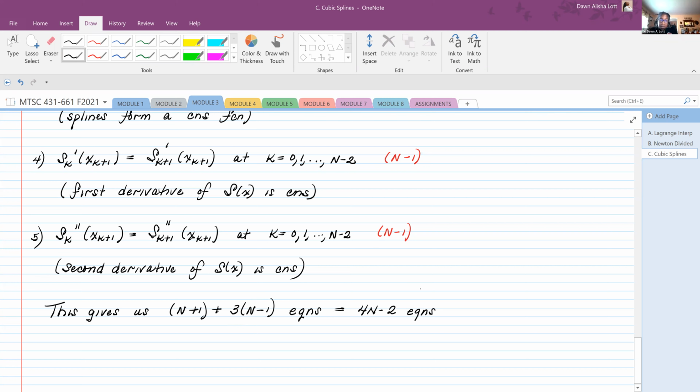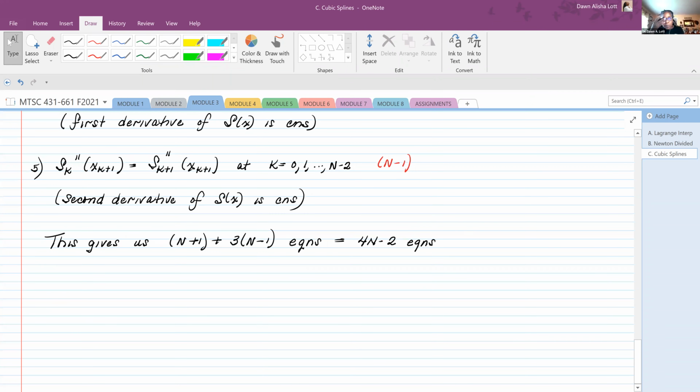But the problem is we have 4n things to solve for. So we have n cubic polynomials sk of x.